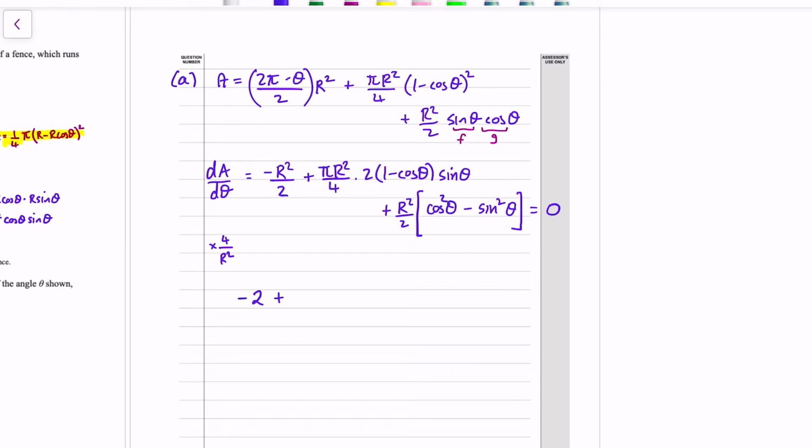Actually no, I don't need it times by 4 because I missed that little 2 that's in there. So if I times by 2 over r squared, yeah, that's better: minus 1 plus pi, 1 minus cos times sine, and then the last term, the r squared over 2, disappears because I'm timesing by 2 over r squared.